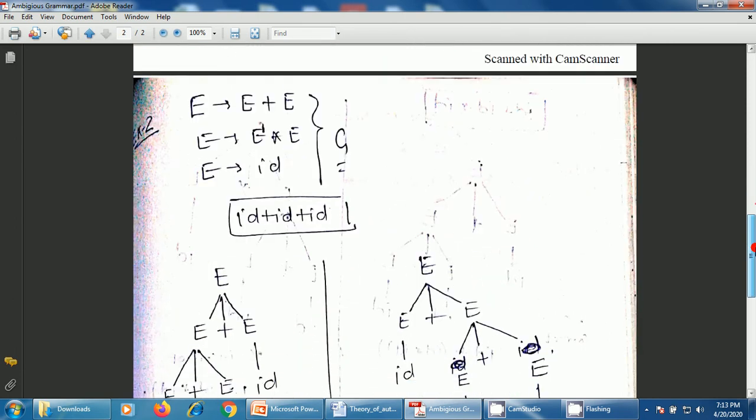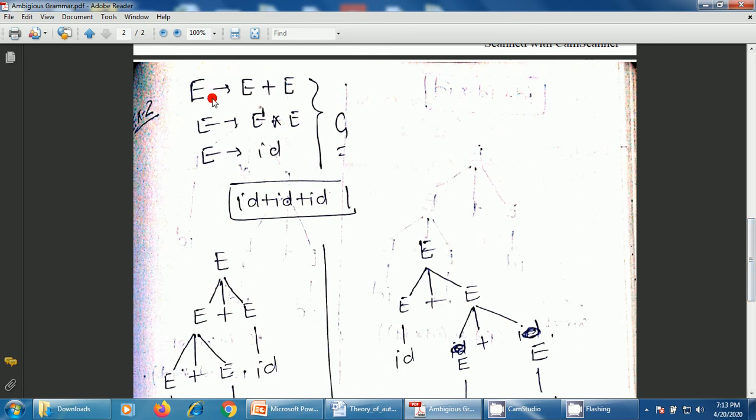Now see, this is example 2. Here in this grammar, E gives E plus E, E gives E into E, E gives id. This is the grammar, and id plus id plus id is a string. The question is, is this string a sentence of this grammar or not?